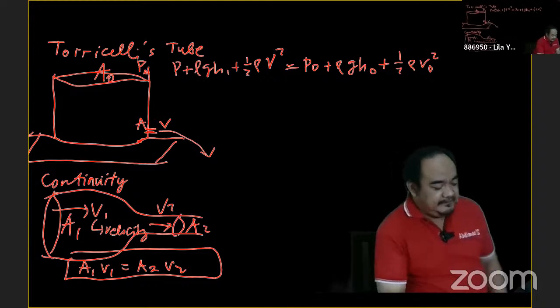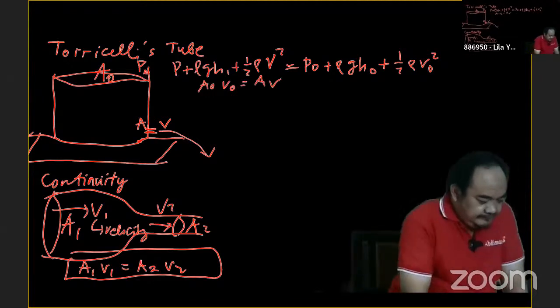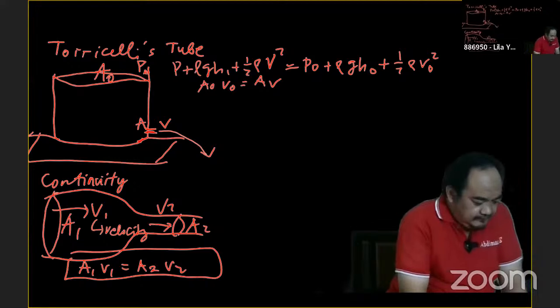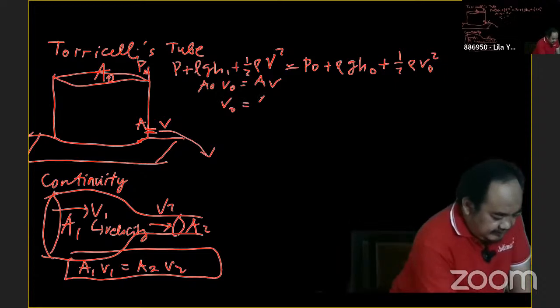Now we can apply A naught v naught equals A v. And we can say here v naught depends on A, equals A naught v.